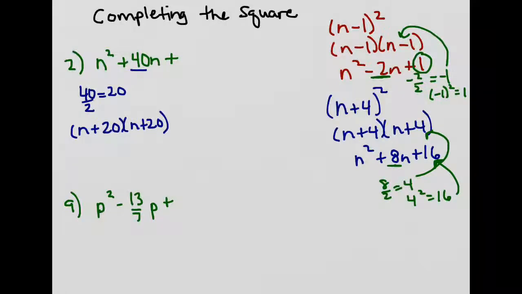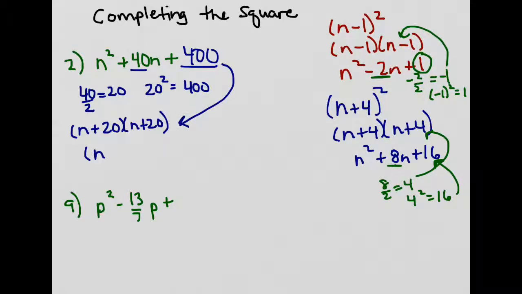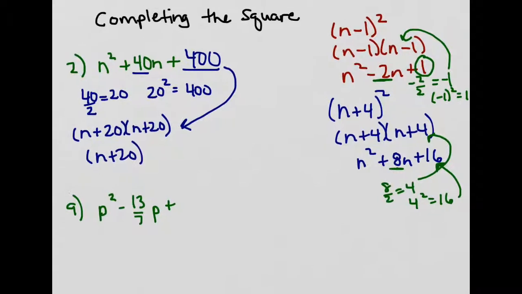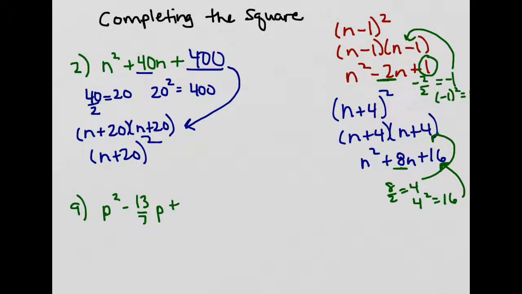But before I can factor that, I need this missing constant. So I take my 20 and square it. 20 squared is 400, so I'm going to add 400. Now this is a completed square, which results in the factors n plus 20 times n plus 20, or n plus 20 squared.